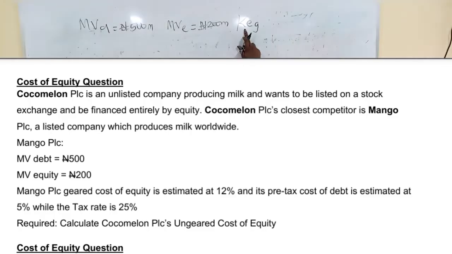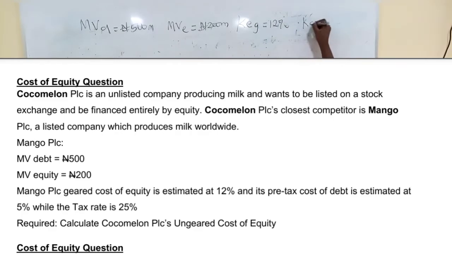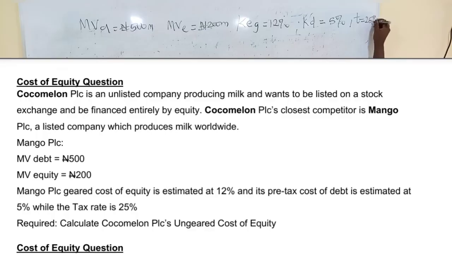So they're saying Mango PLC's geared cost of equity, that it has debt element in it, obviously, is estimated at 12%. And its pre-tax cost of debt, that is Kd, is estimated at 5%, while the tax rate is 25%.